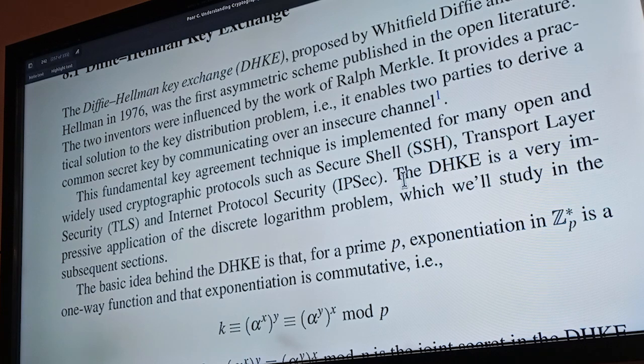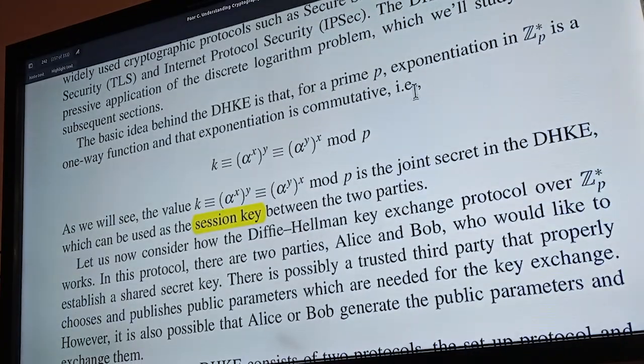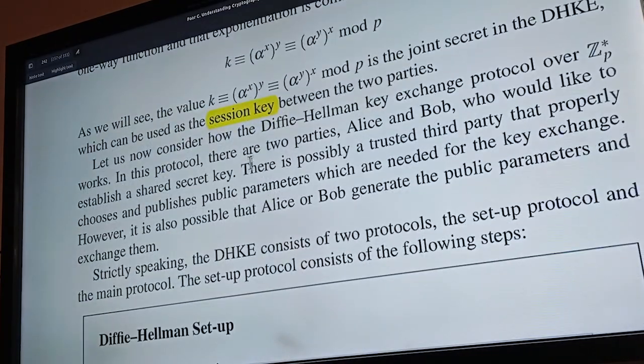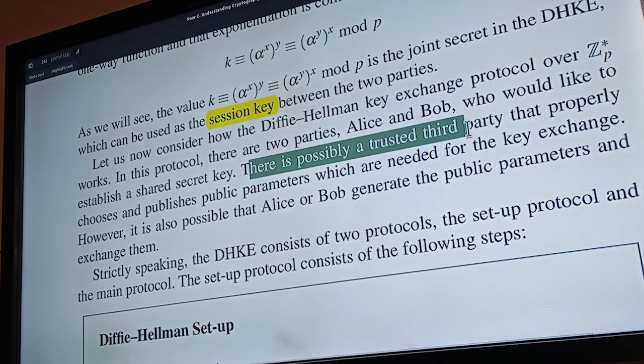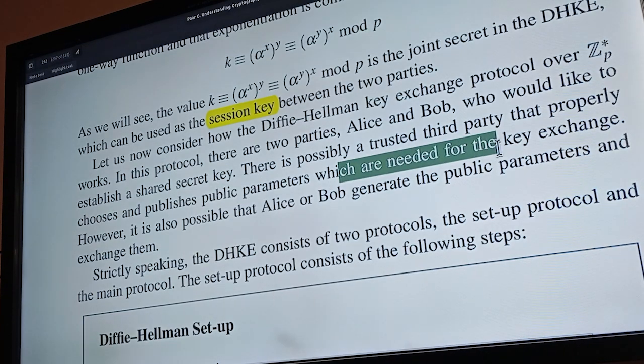It's the idea that there is a third party, like these domain parameters are not just chosen randomly. There is possibly a trusted third party that properly chooses and publishes public parameters, which are needed for key exchange.